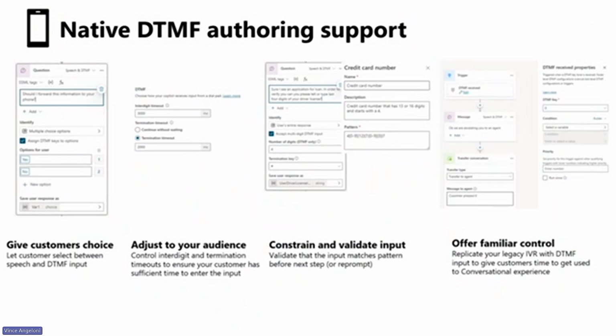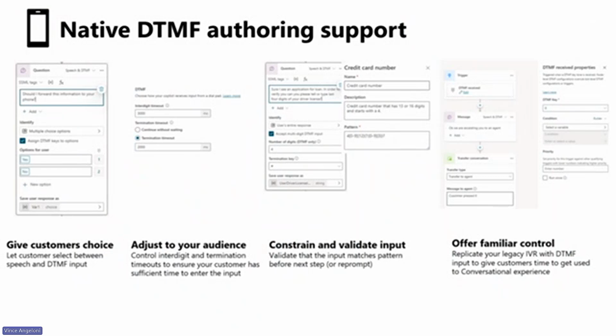In this slide, we see in detail the DTMF authoring support that we'll have in Copilot Studio. For example, it is possible to give customers choices for the input, so you can associate the digit number 1 to yes, and number 2 to no. You can also work with the timeouts, like interdigit and termination timeout.